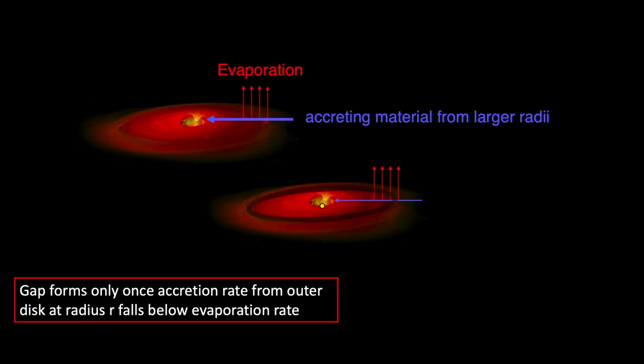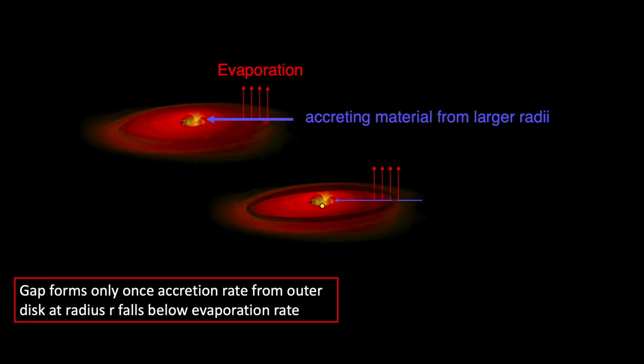But at some point, the replenishment of mass from the outer disk decreases because there's just no material left out there, or not much. But the evaporation is a totally different process. It just happens anyway, with any material that you have here. So at some point it could happen that the evaporation rate is larger than the accretion rate.